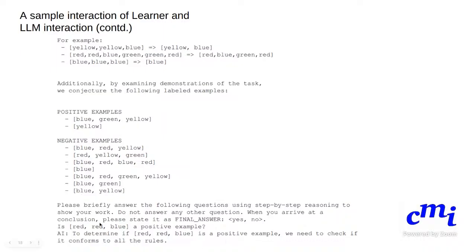The AI's response could look like this: to determine if this is a positive example, we need to... I think I have cropped the AI's response here, but this is how the prompt would look, and then the response will be either "this is a positive example," yes or no. So if this is clear, I move to the next slide.